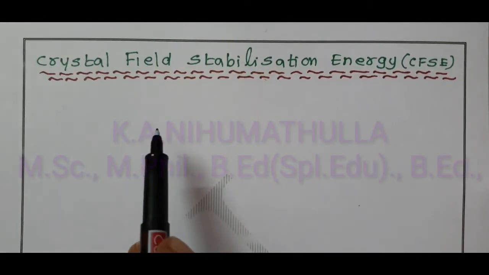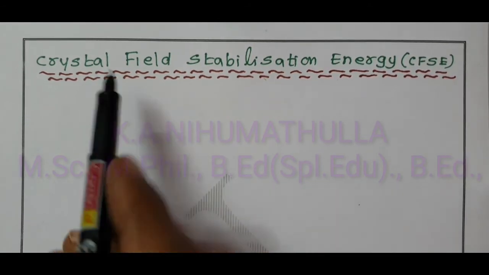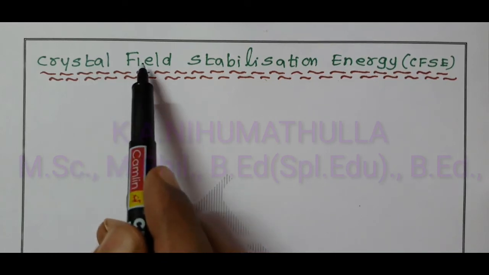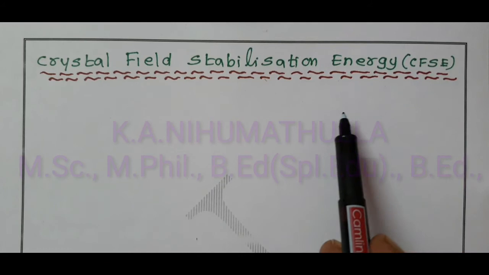The actual distribution of electrons can be ascertained by calculating the crystal field stabilization energy, CFSE.